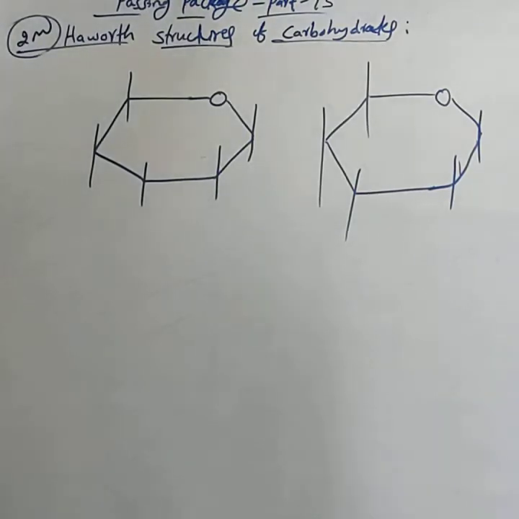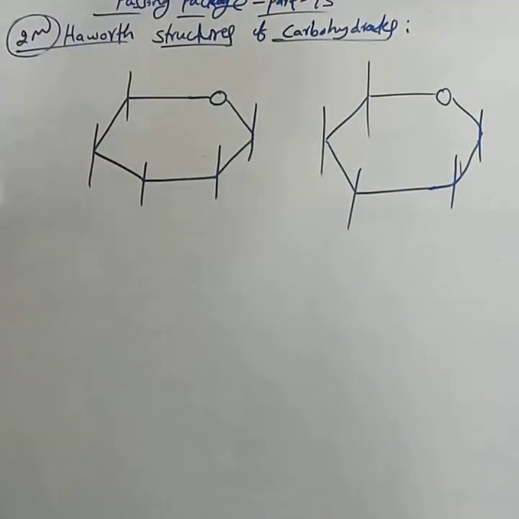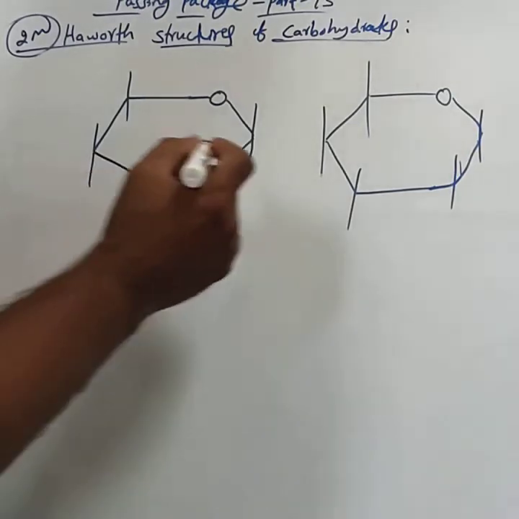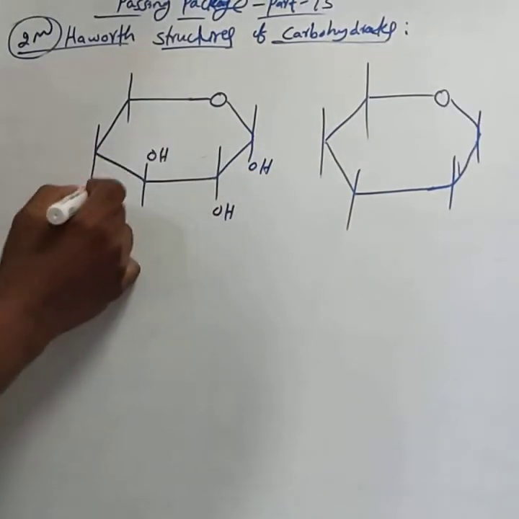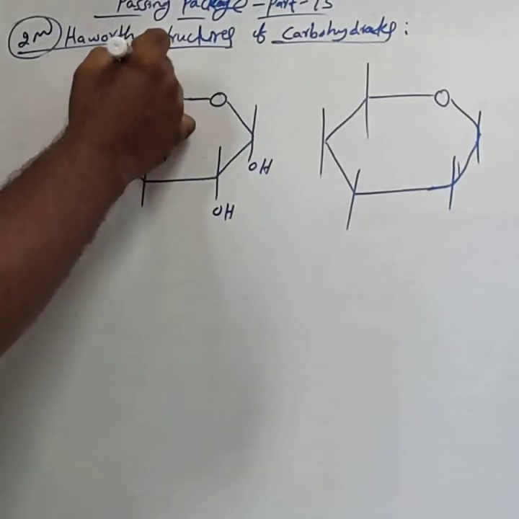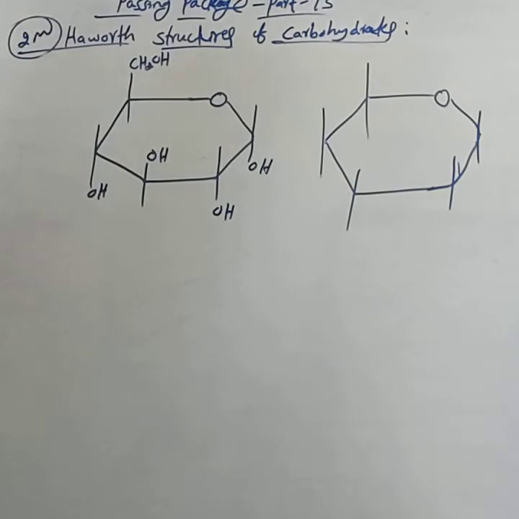Already I explained that to write alpha glucose, you have to use the code word KKMK. That is OH below, above OH, below OH. Then for the fifth carbon, above CH2OH, KKMK. Remaining corners are all hydrogen atoms. This is one glucose.